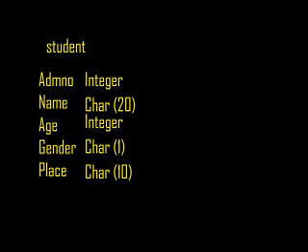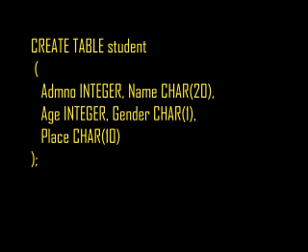Then we will write the query: create table, then the table name. Table name is student, because we are creating the student table. Then put the bracket. What is the first field? Admission number. What type?